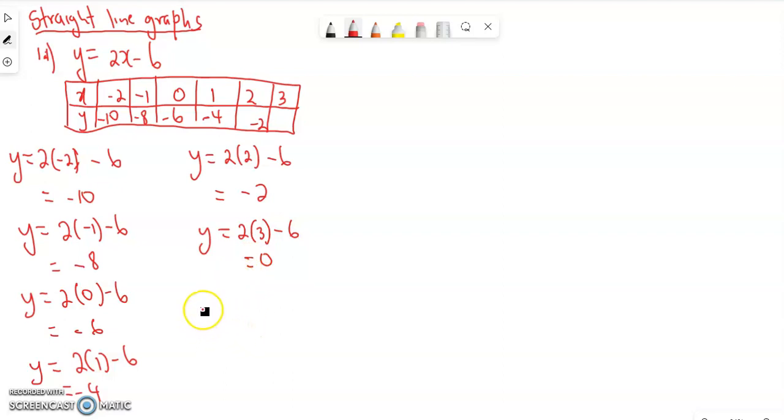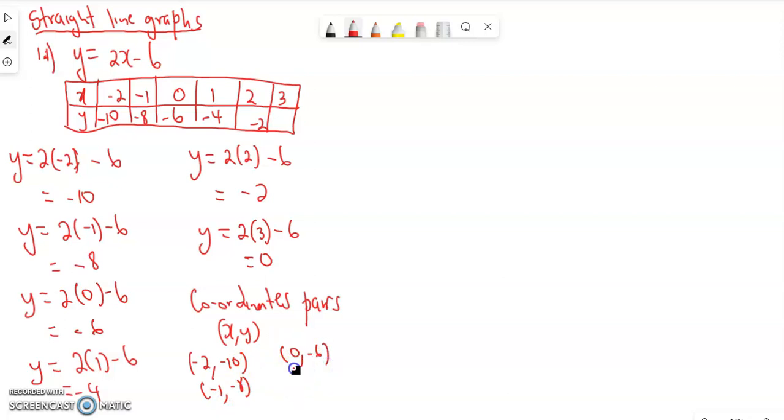Okay, then from the table we can write down the coordinate pairs. And remember that the coordinate pair is always in the form of x and y. So our first pair is -2 and -10, followed by -1 and -8.